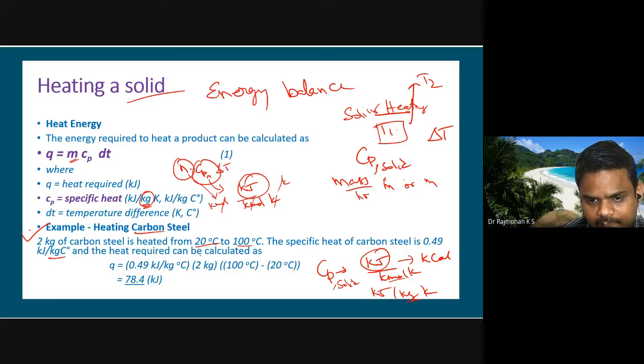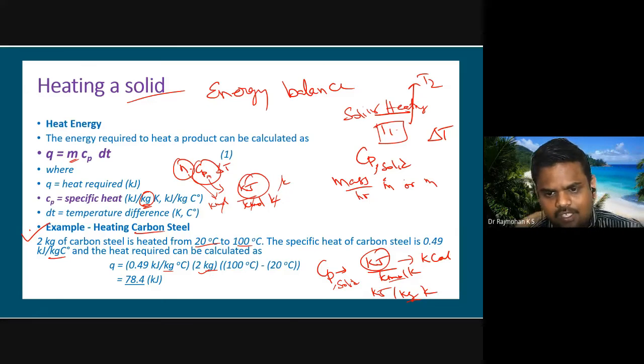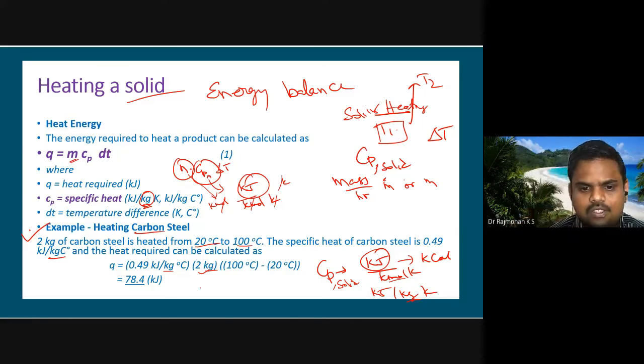The heat required is Q equals mass, 2 kg, times Cp, 0.49 kilojoule per kg, times delta T, 100 minus 20. So the heat to be added to raise the temperature from 20 to 100 degrees Celsius is 78.4 kilojoules. This much heat needs to be supplied.